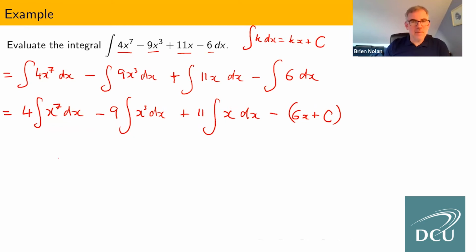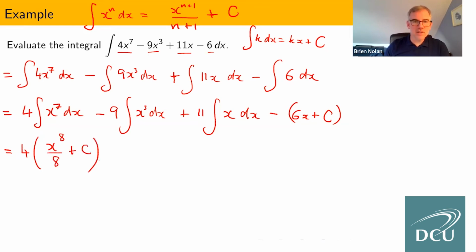Okay, for our next step then, we'll use the rule that we had on the previous slide, that the integral of x to the power of n dx is x to the power of n plus 1. So the power increases by 1, and then we divide by that new power, plus our constant of integration. So what do we have there? I put that in brackets. x to the power of 7. I increase the power by 1 to get 8, divide by the new power 8, and add on constant of integration.